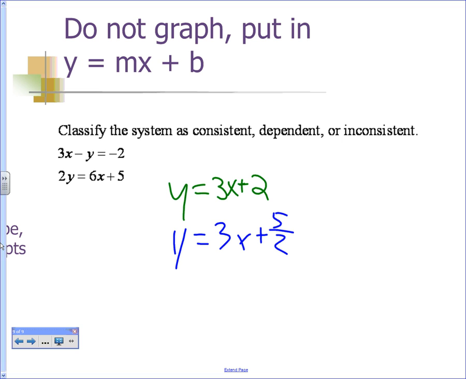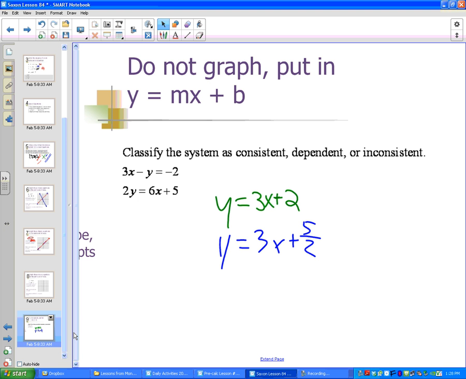Do you understand how to do these? Do you want to waste your time graphing these? Please don't waste your time graphing them. There's no need to graph these. All you need is the equation in y equals mx plus b form. Any questions on this? Okay.